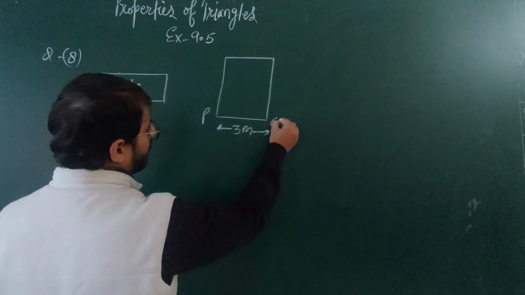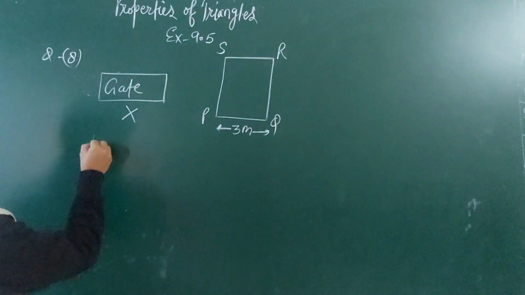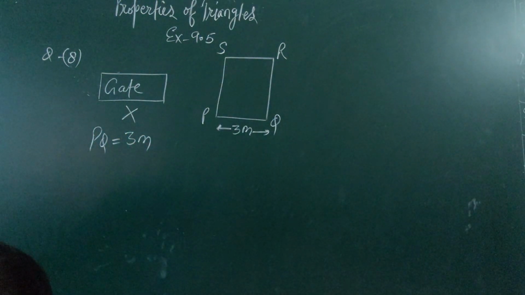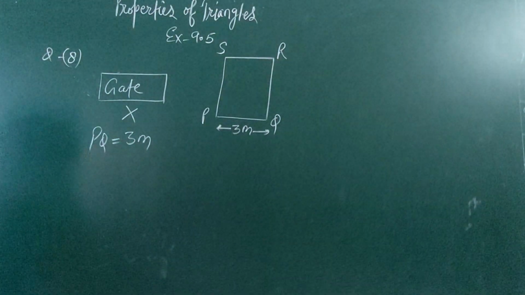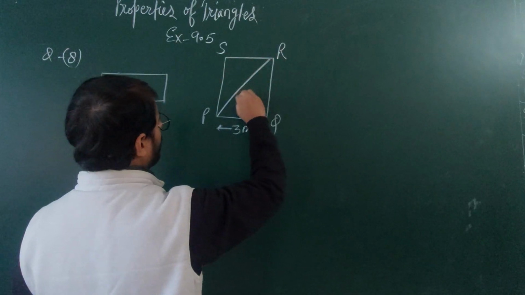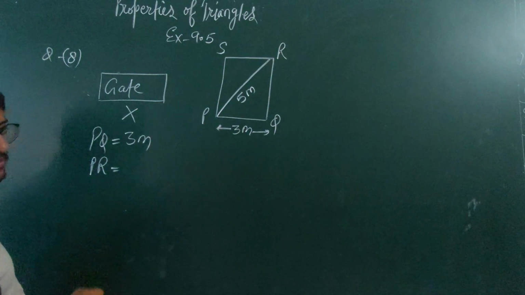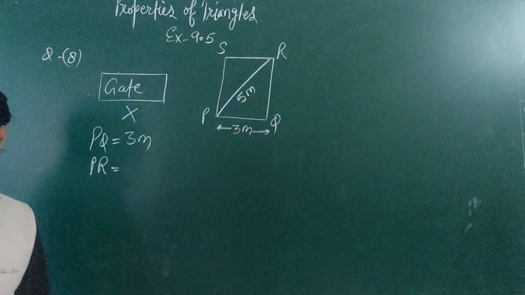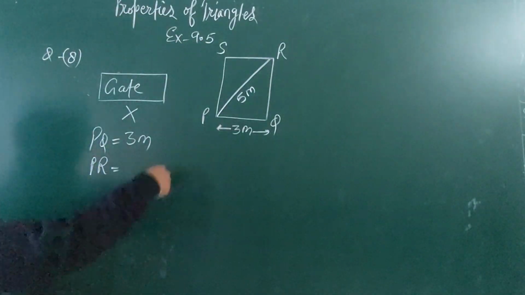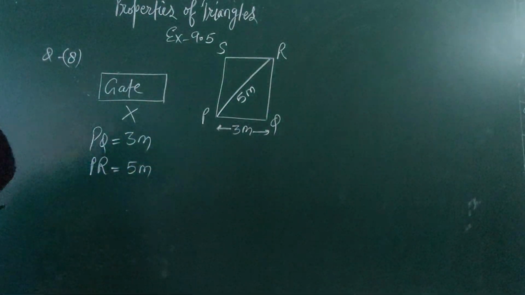Let PQRS be a rectangular gate where PQ is equal to 3 meter, and it has a diagonal equal to 5 meter. Let the diagonal PR be 5 meter. PR is the diagonal because P and R both are opposite points, opposite vertex. So joining opposite vertex, we will get a diagonal 5 meter. What we have to calculate?